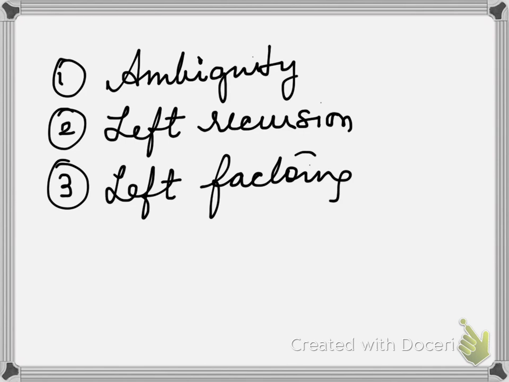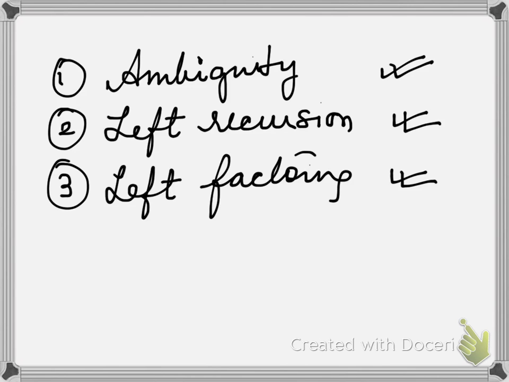All these three are problems or issues with grammars. Ambiguity is where a grammar generates more than one leftmost or rightmost derivation. In left recursion, when we try to write a parser, it may go into an infinite loop. And left factoring is where we cannot decide which production rule to use next.